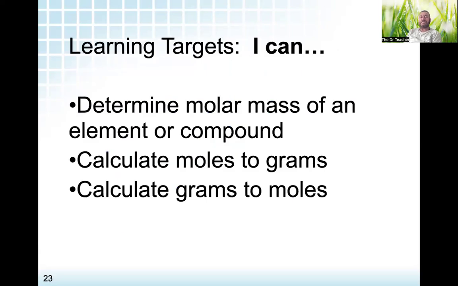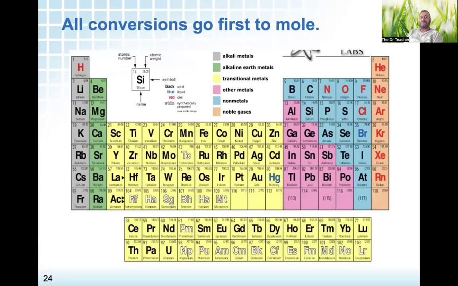So we determine the molar mass of an element or compound. We calculate moles to grams, or any gram, and we calculate grams to moles. All conversions go first to moles. You can see here the periodic table has numbers.